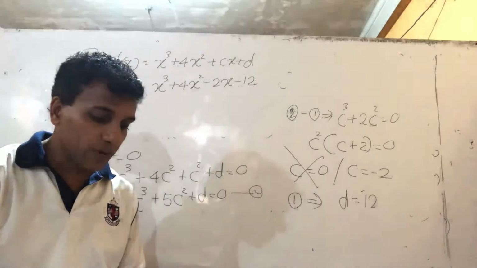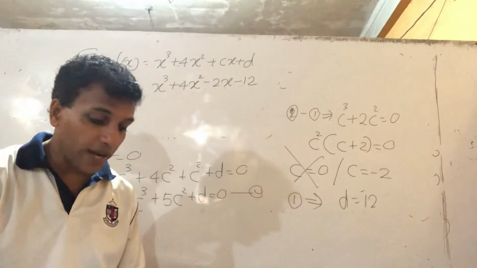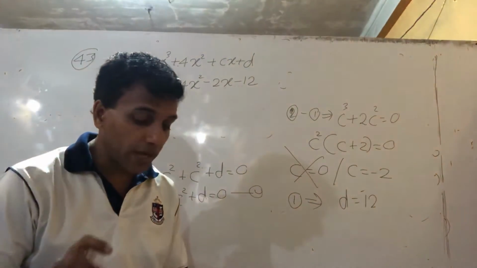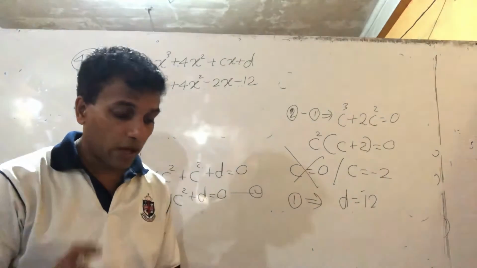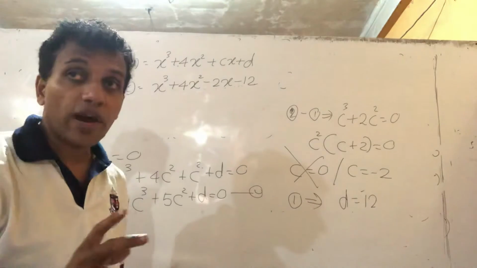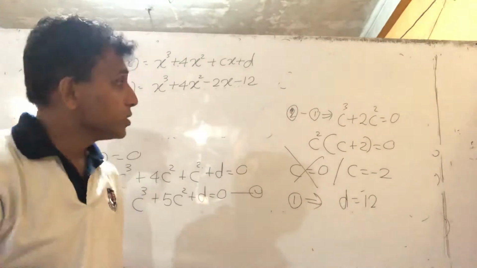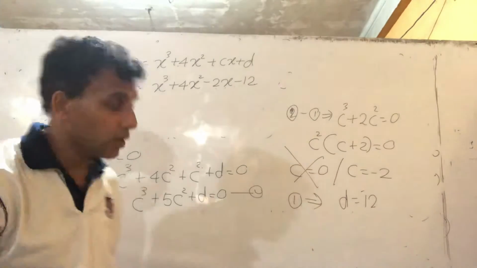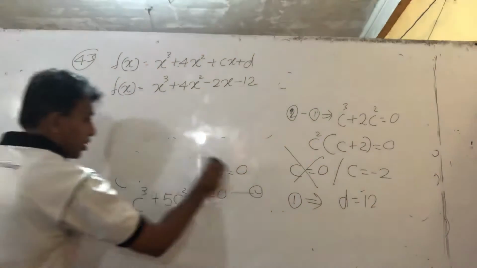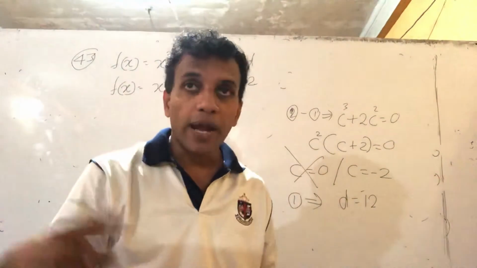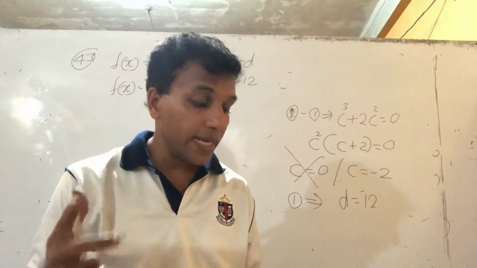For these values of c and d, find the remainder when f of x is divided by x square minus 4. So we will start from the first principle method. Now you know if any polynomial is divided by a quadratic polynomial, the remainder will be of linear pattern.